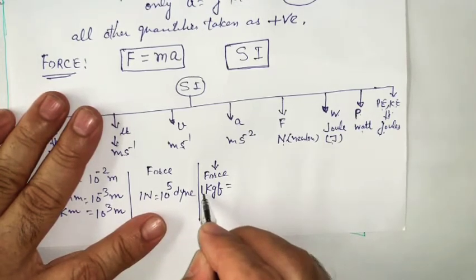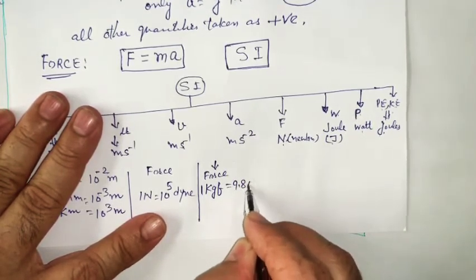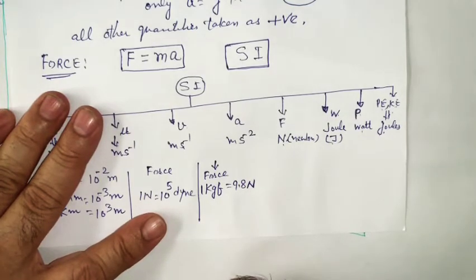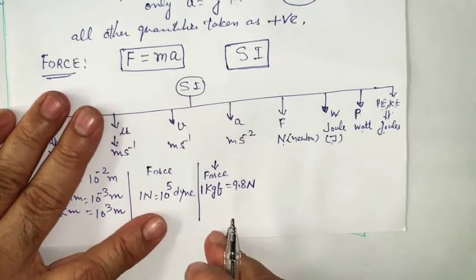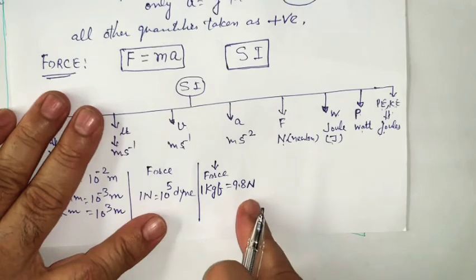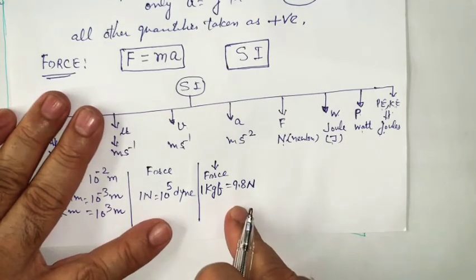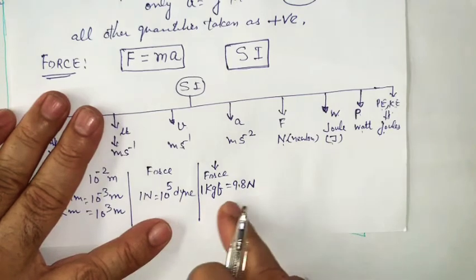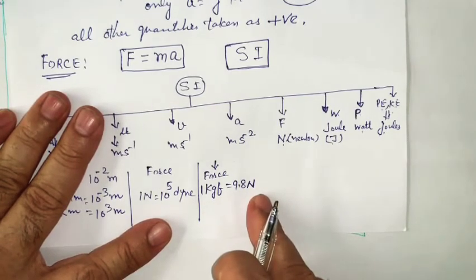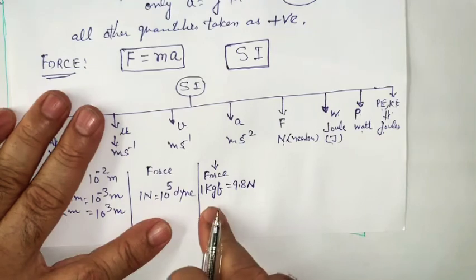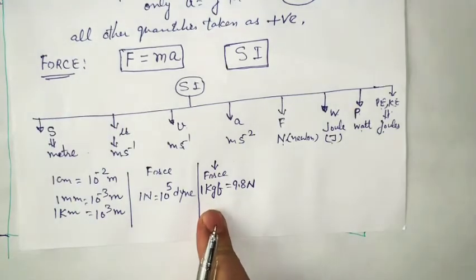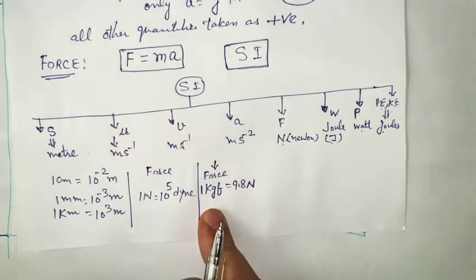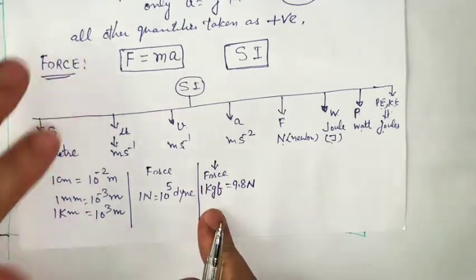Then 1 kgf is equal to 9.8 Newton. So force is always in Newton. If you are given force in kgf, then 1 kgf means 9.8 Newton. 50 kgf means 50 into 9.8 Newton. You always take force in Newton, not in any other form.